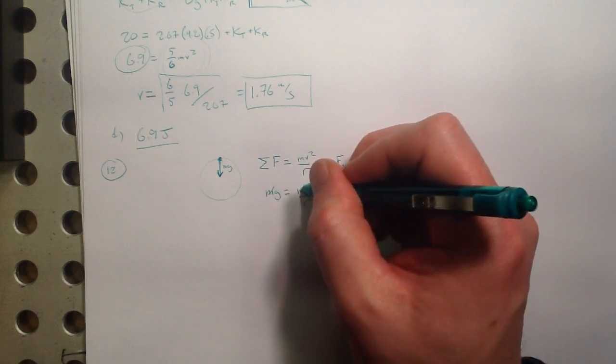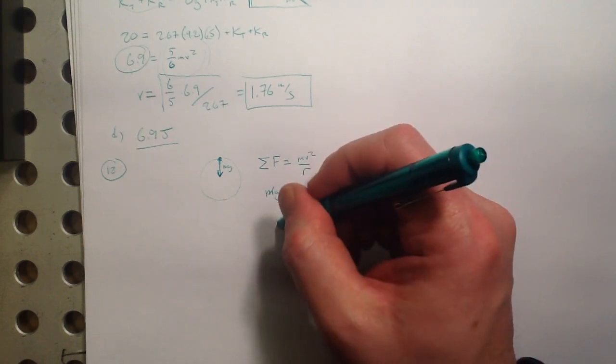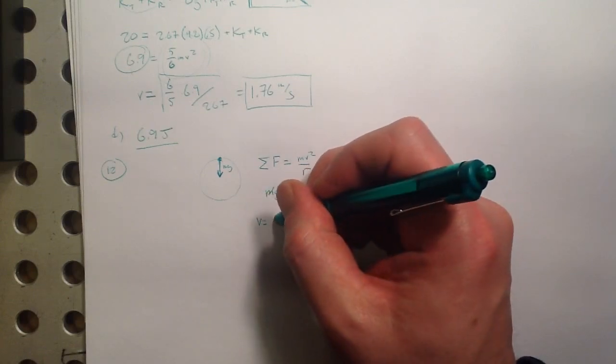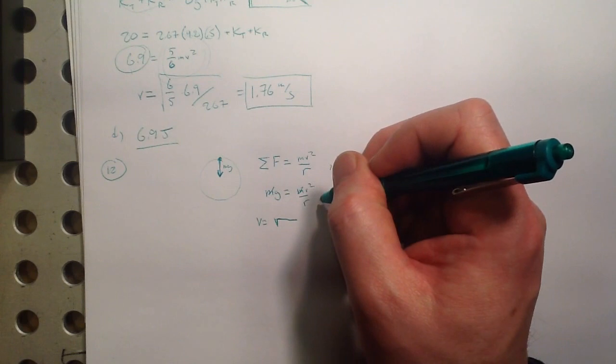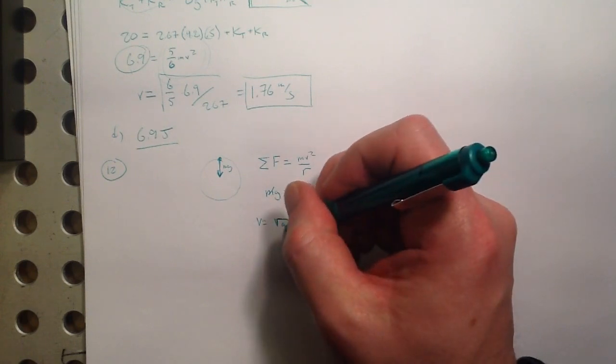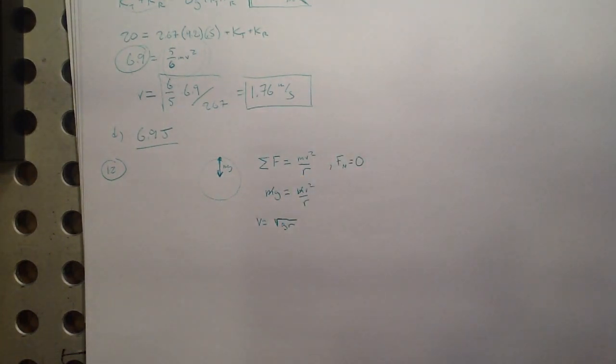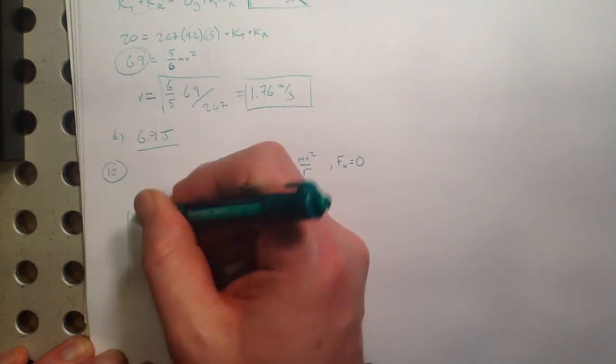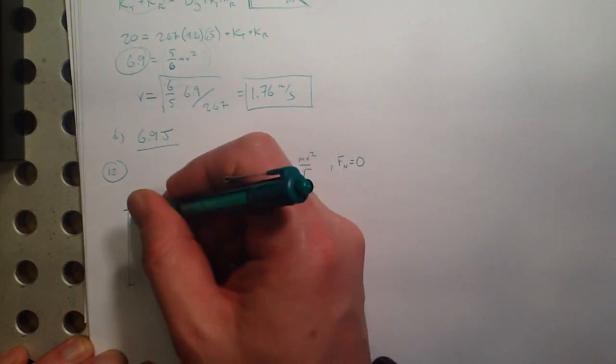So the speed that it would have to have, any object, whether it's rolling or not, would be v equal to the square root of gR. That's how fast it has to be going when it gets to the top of the loop. So if we want to figure out what height it has to be released at, this now becomes an energy problem.